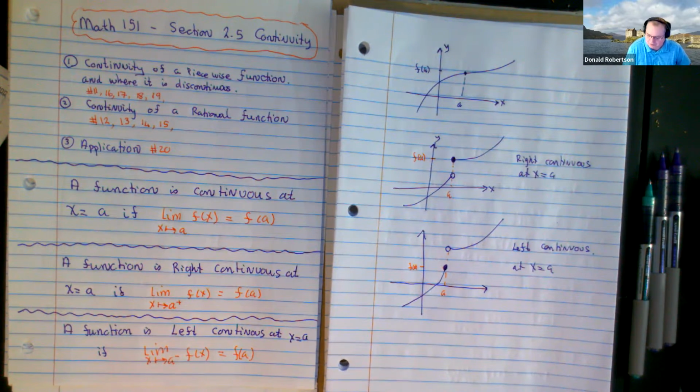Here goes. The first question I'm going to do, just to give you an example of how you're going to be using Desmos in these situations, is question 11. Let's see what that looks like.